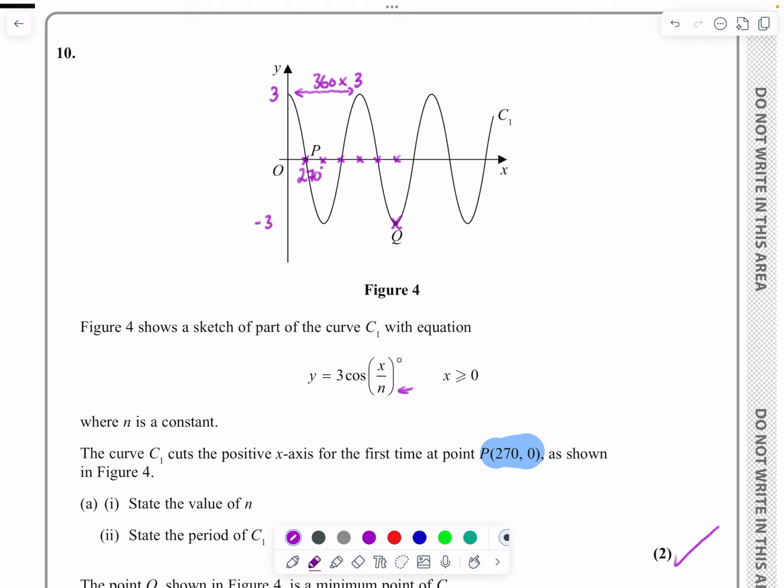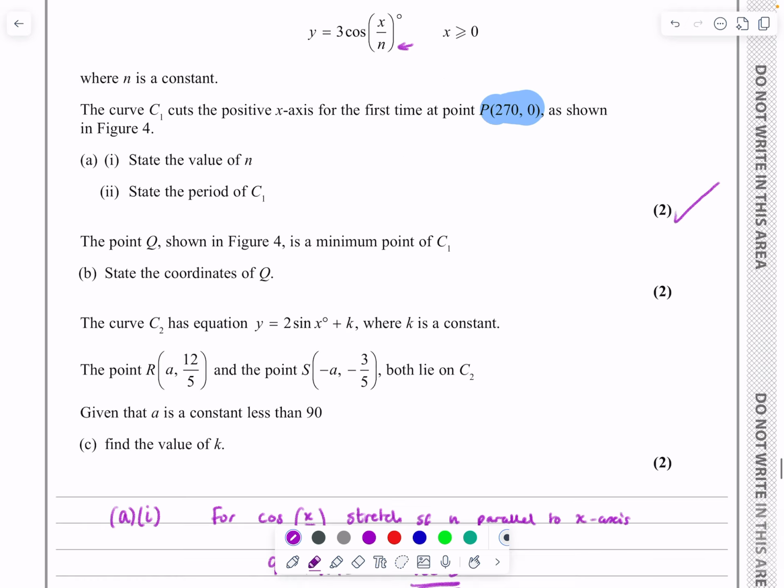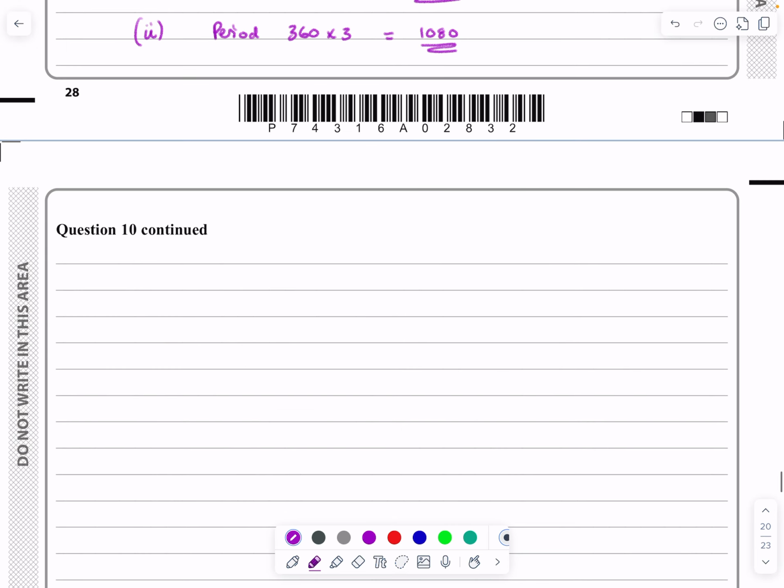450, 540 there. I would know that that's 540 on the normal cos graph, and again, we've stretched it by a scale factor of 3. So if I was doing B, I'd say for Q, we've got that it's 540 times 3 gives me, sorry, it's 1620, isn't it?